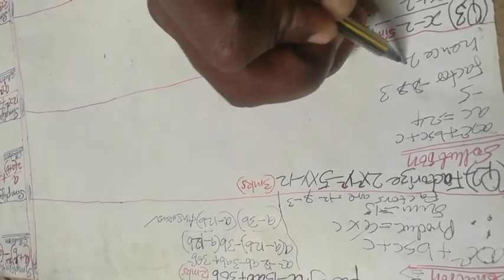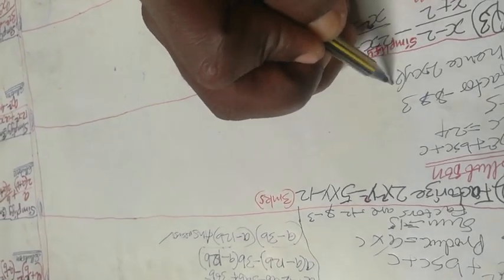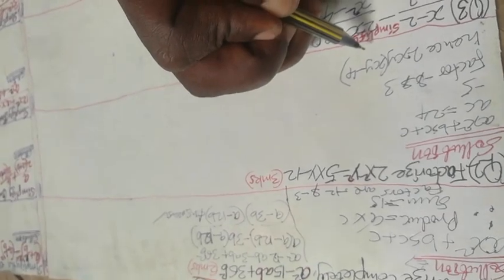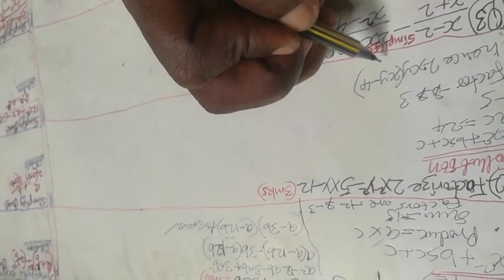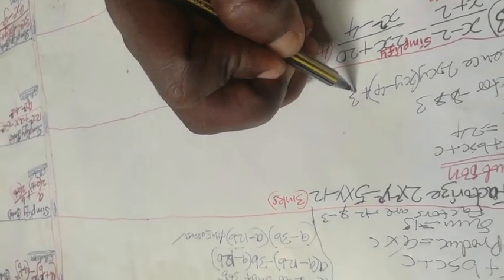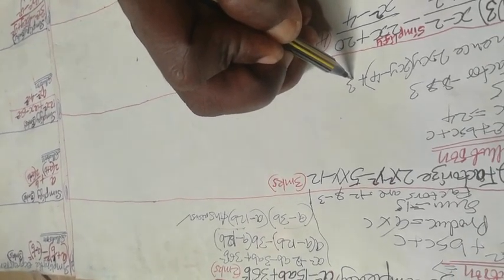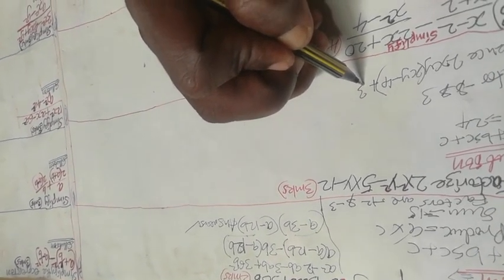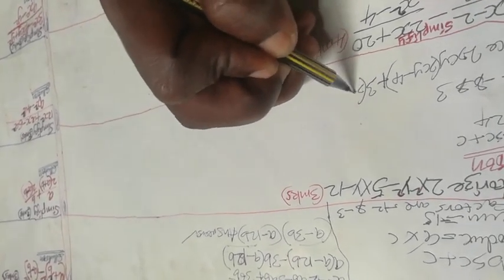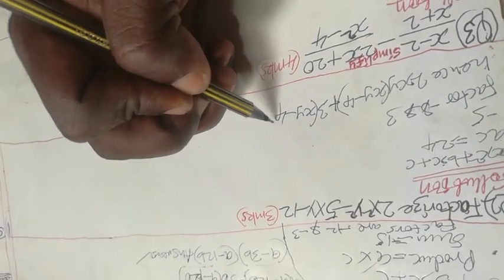Hence 2xy into brackets xy minus 4, then plus 3. Now here we are going to factor out 3, because 3 times 4 is 12. This is plus 3 into brackets xy minus 4.